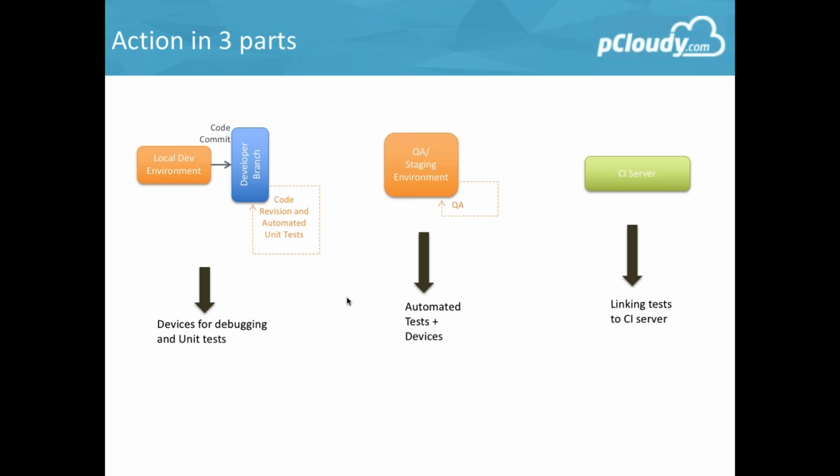How can we quickly create those automation tests and run them in an automated fashion? And third is how we link it all through a CI server, because as we saw, the CI server is the core of any continuous integration, continuous delivery and deployment process. So we'll see these 3 one by one.